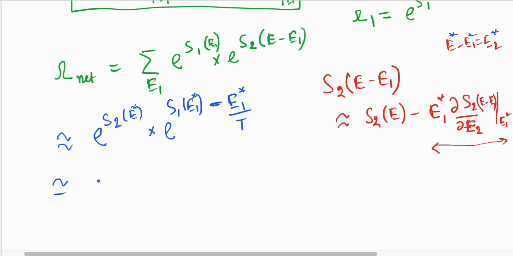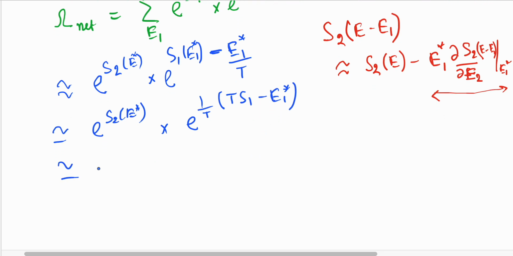Now this will be e to the power S2 of E star into e to the power 1 by T times S1 minus E1 star. If we write 1 by T as beta, it is e to the power S2 of E star into e to the power beta times T S1 minus E1 star.